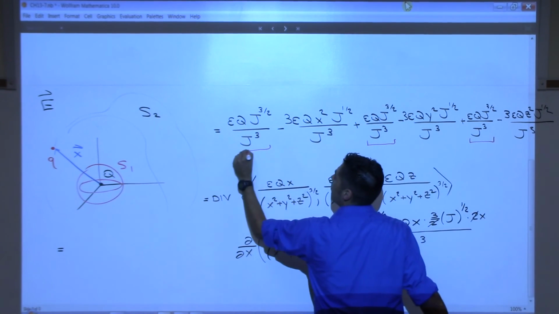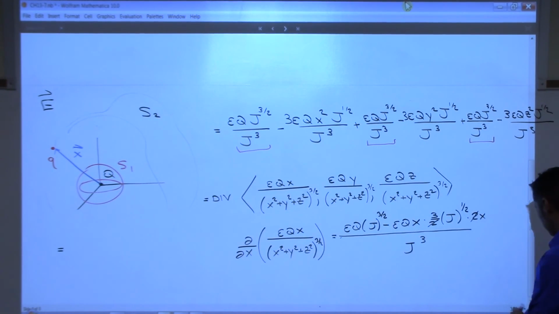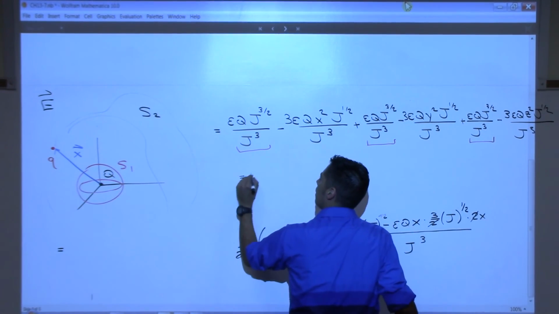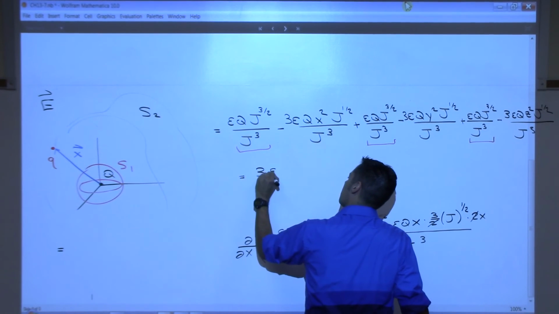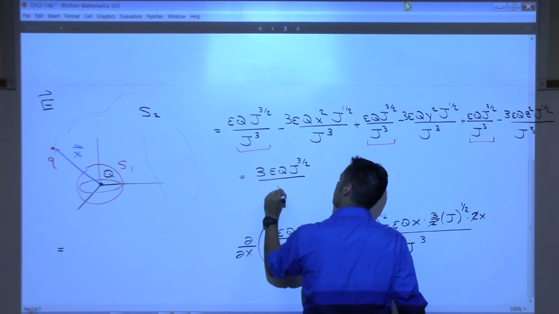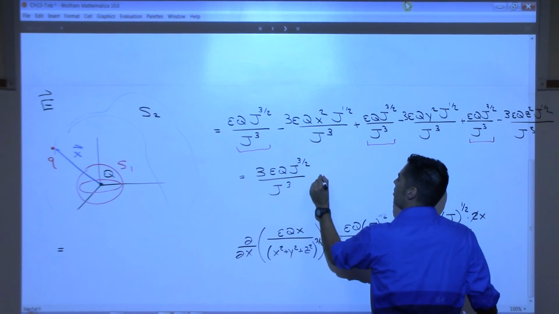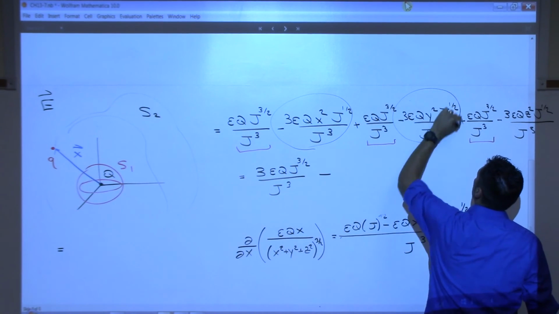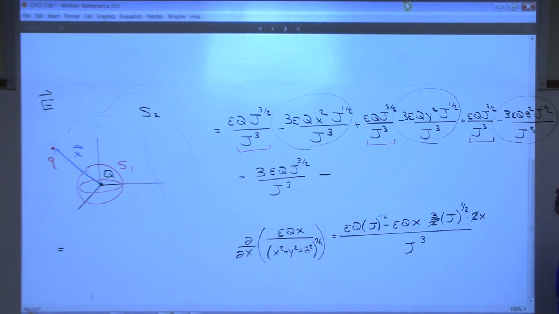Those are all the same. So I have 3 of those. Okay, so I have 3 epsilon q junk to the 3/2 over junk cubed minus, now these all have a minus.